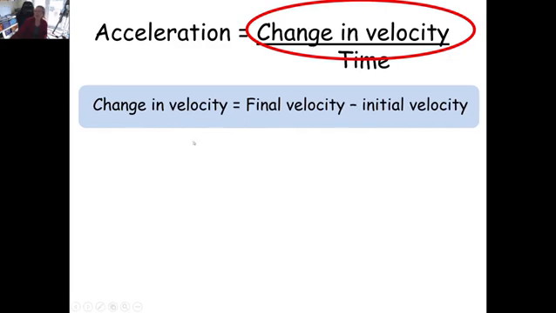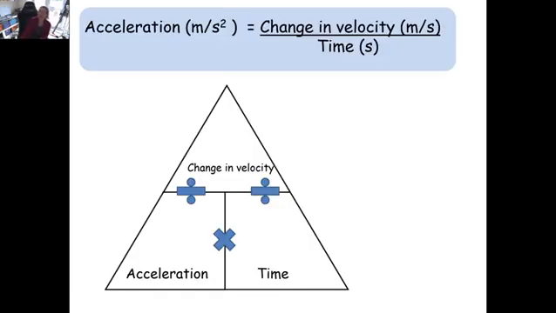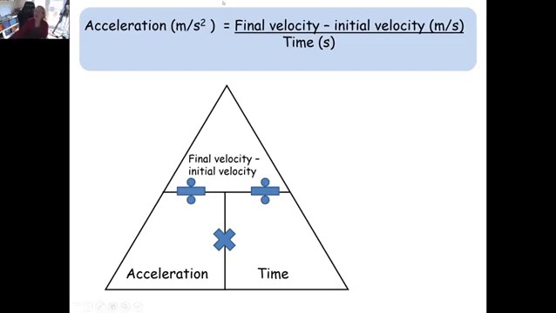But sometimes that's not the case, and that's what we're going to look at now. So it's important to know your final velocity and your initial or starting velocity, and then we can put that into the equation in exactly the same way. So here our change in velocity is described there, and that would go at the top of the triangle as well.